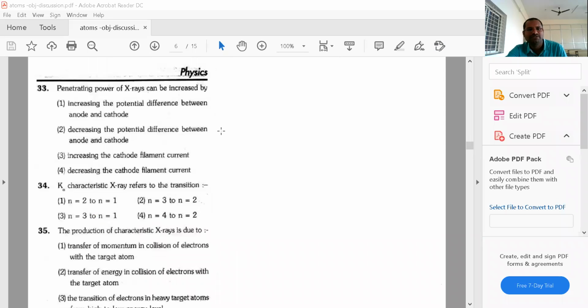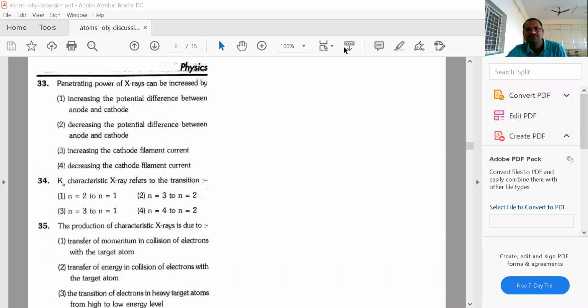Question number 33. The penetrating power of X-rays can be increased. How can we increase the penetrating power? If you increase the energy of X-rays, the penetrating power also increases.